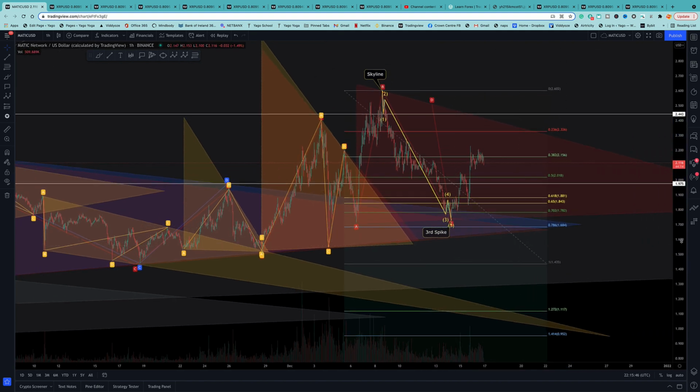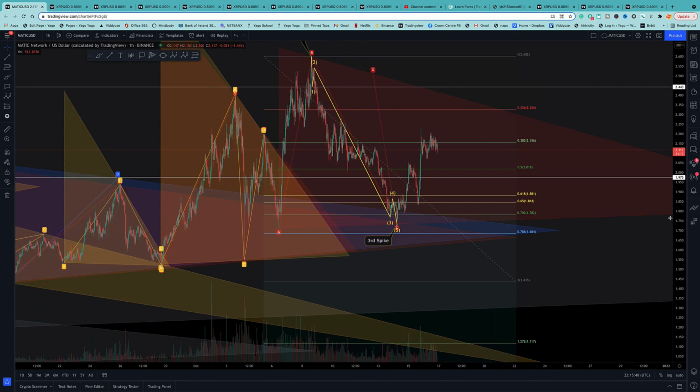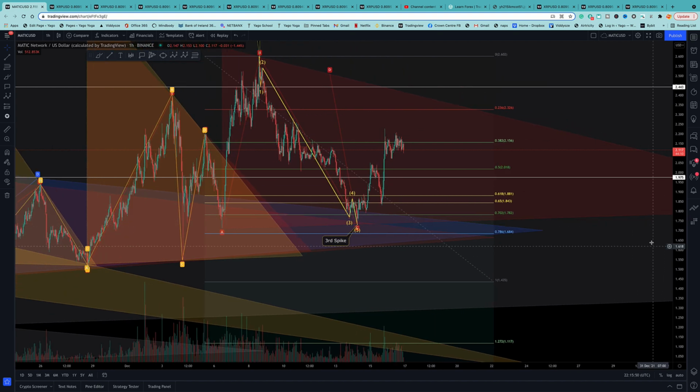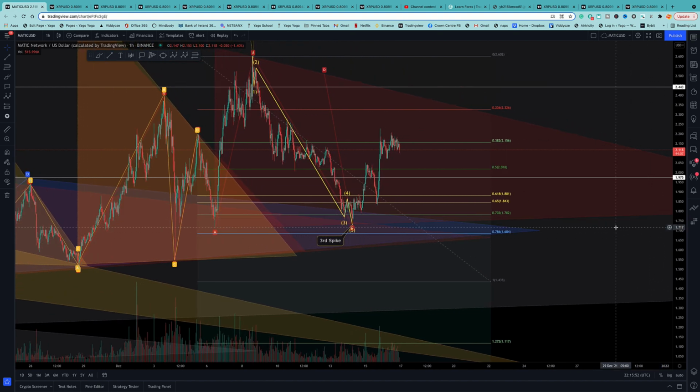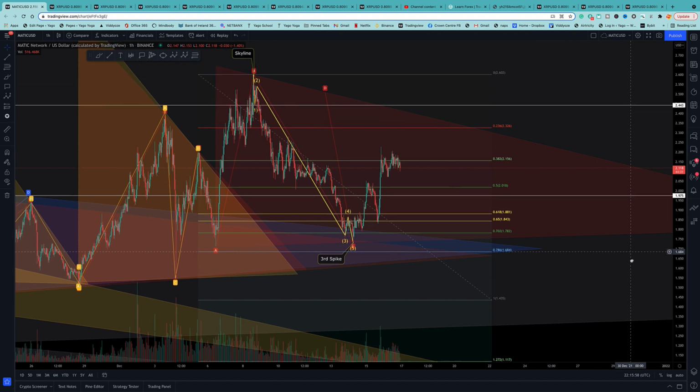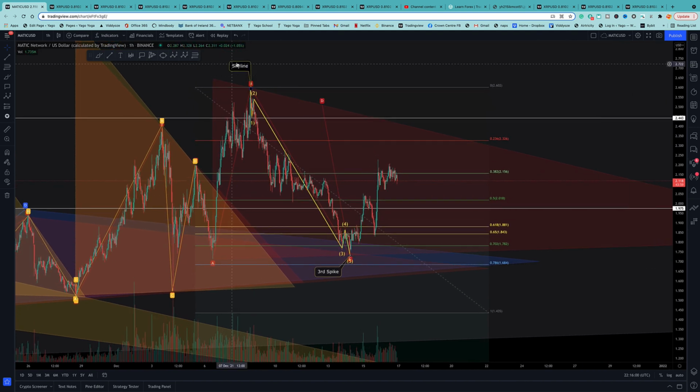This is its correction. Okay, so now if you look at what we've done, there's the skyline, there's the third spike, here's the Elliott wave on the way down.